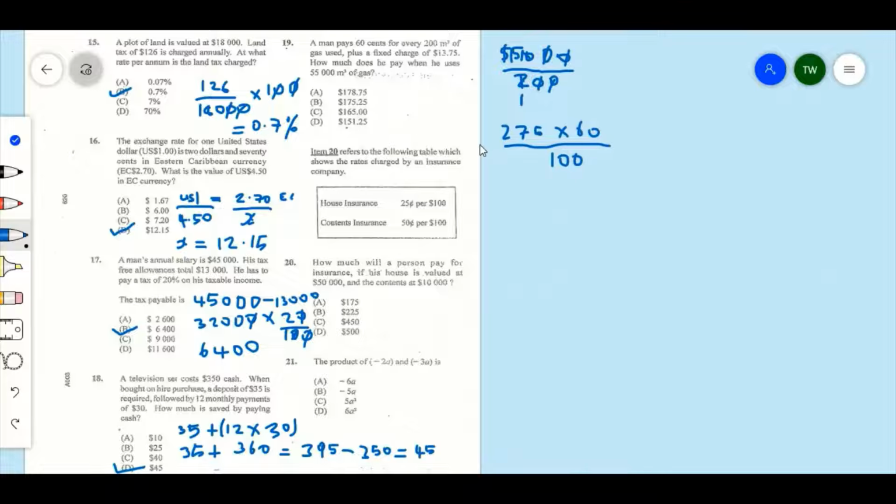Now we also have to bear in mind the fixed charge, so it is also going to be plus this fixed charge of $13.75.